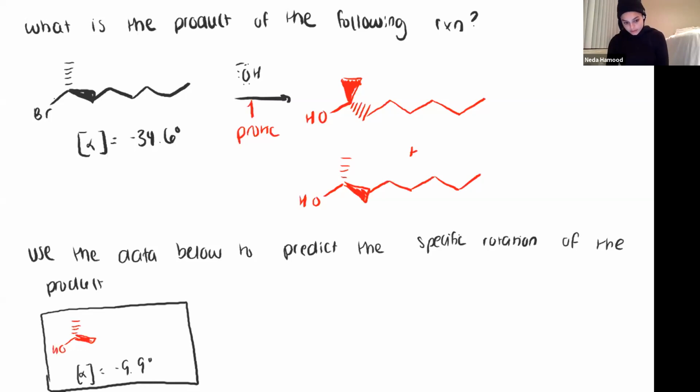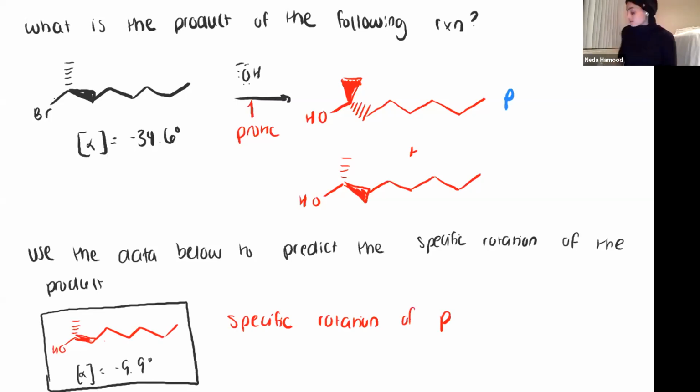It's going to be plus or minus 9.9. So specific rotation of P. I'm going to say this one is P. What do you guys think it's going to be? Thoughts? Would it be positive 9.9? Yep, it's going to be positive 9.9. Awesome.